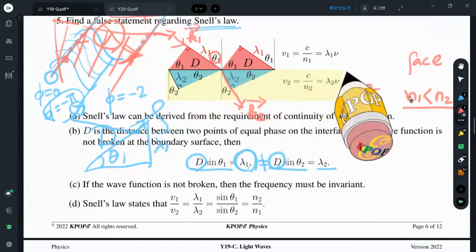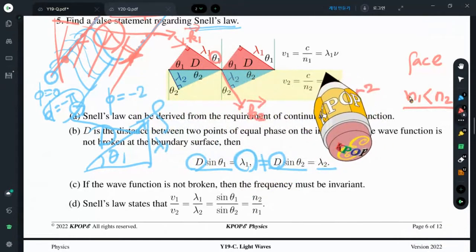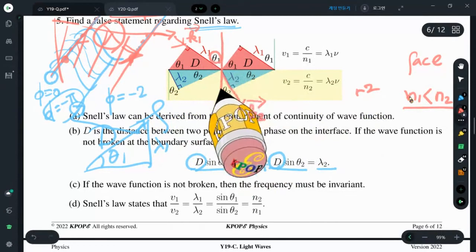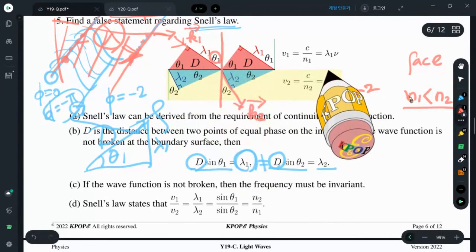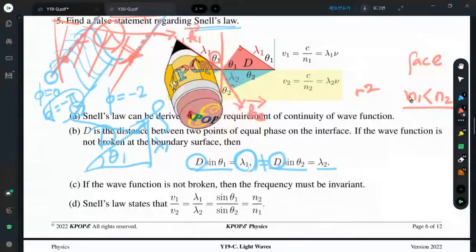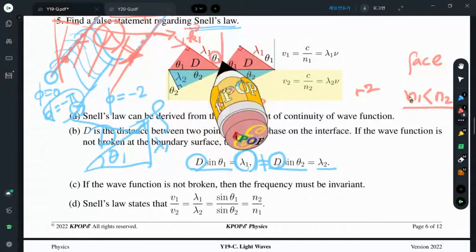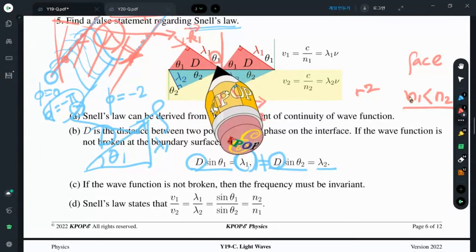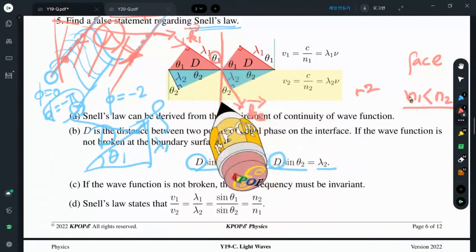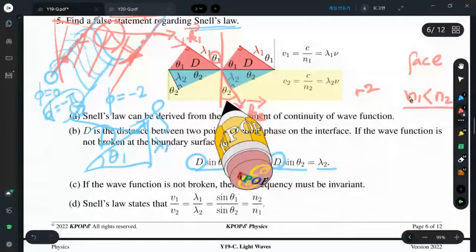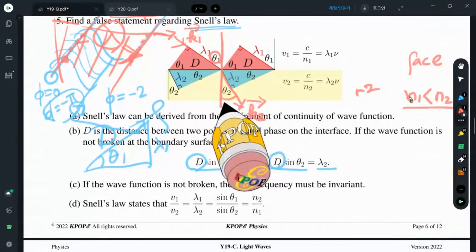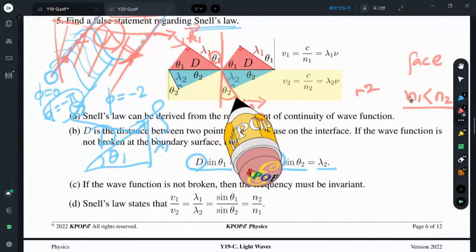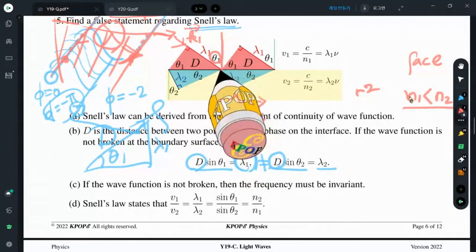And this is the interface and the normal to the interface. So the angle between the wave vector and the normal to the interface is called the angle of incidence. And this is the angle of refraction. Sure, there is another, that is the angle of reflection.